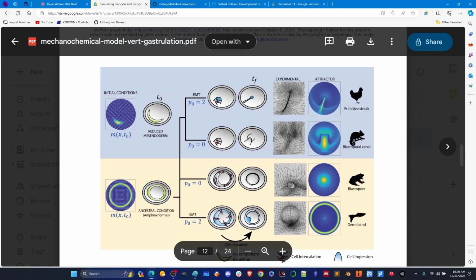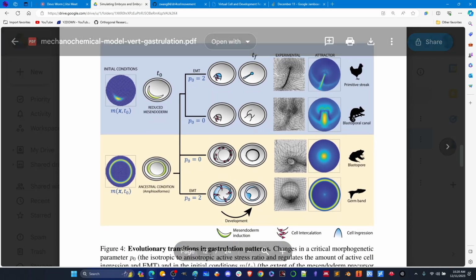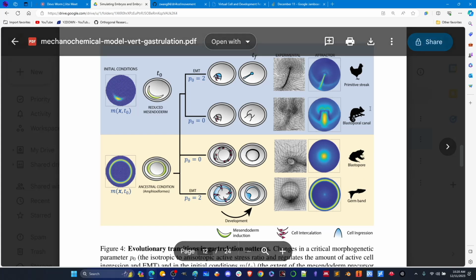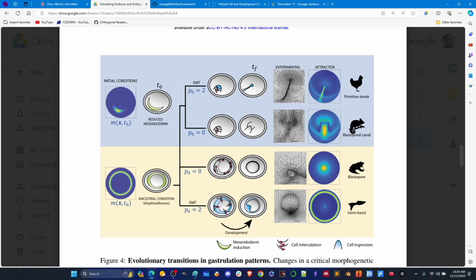This is now the evolutionary transition in these patterns. So we modeled this in the chick embryo, but we can extend this out to other vertebrates. So we have fishes, frogs, lizard and amphibian, and a chick. Basically characterize this across these different taxa.